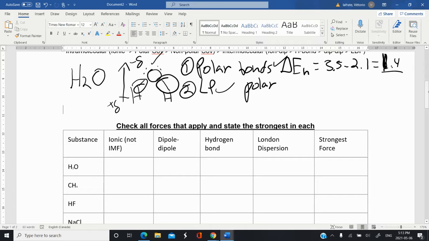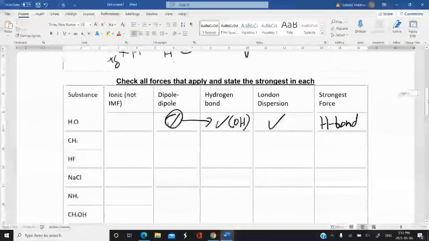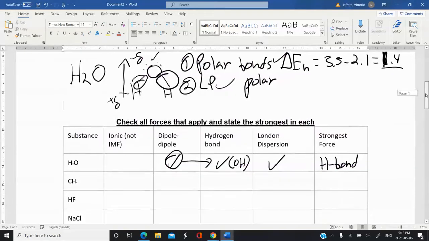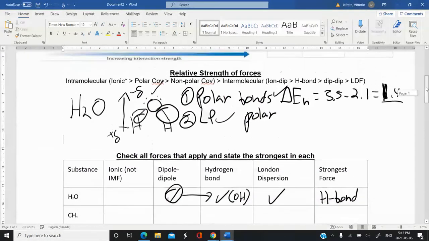We can say that it is dipole-dipole, but in reality, the dipole-dipole present there is actually hydrogen bonding because of the OH group. The other thing that water also has, just like every other substance, is London dispersion. That's the default. But the strongest force in water is going to be the hydrogen bond. That's how I would figure out the forces found within water.